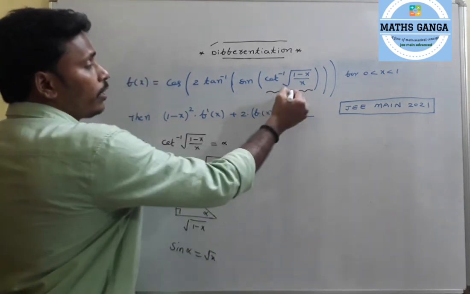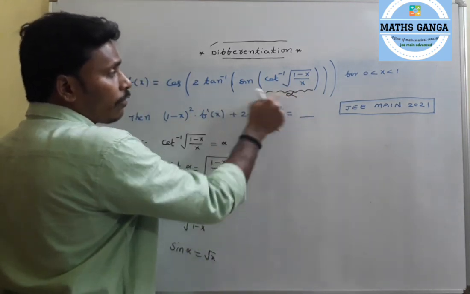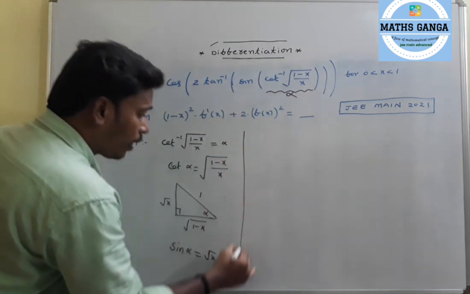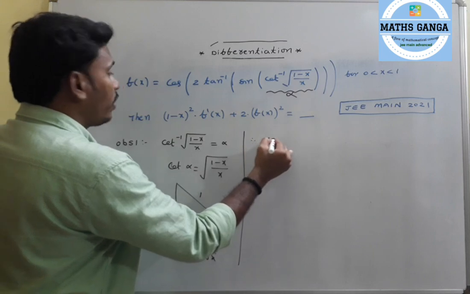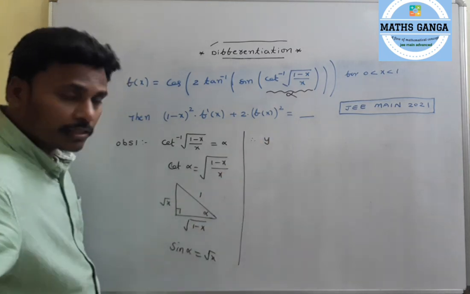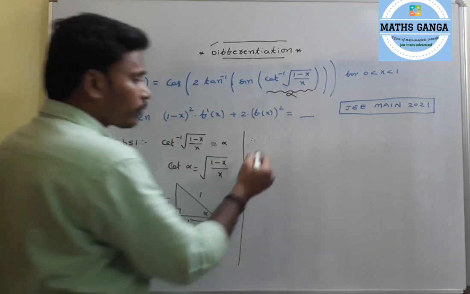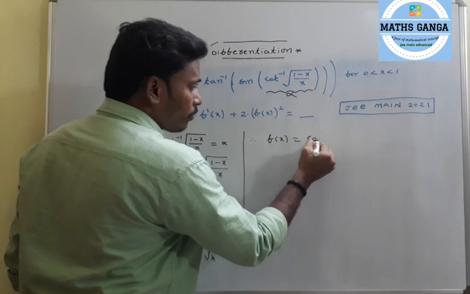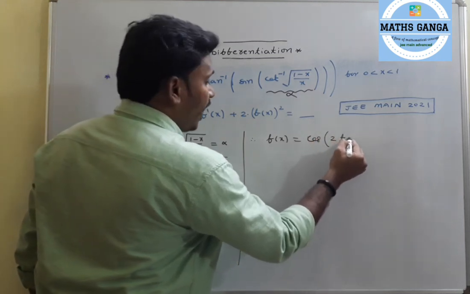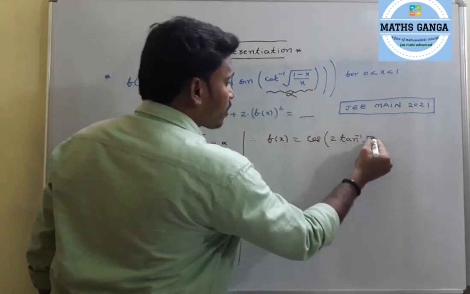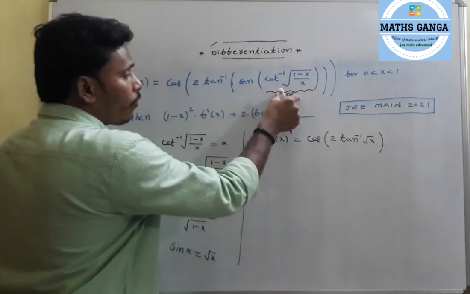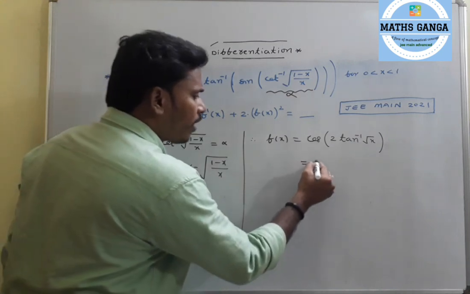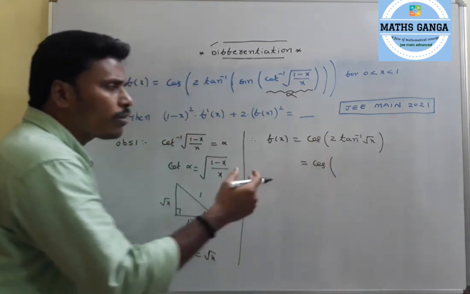So the given problem becomes: f of x is equals to cos of 2 tan inverse of root x, because sine alpha is root x. Now use the idea of tan inverse.